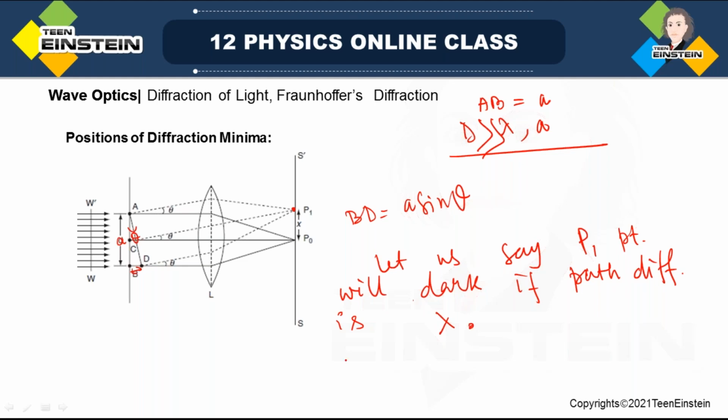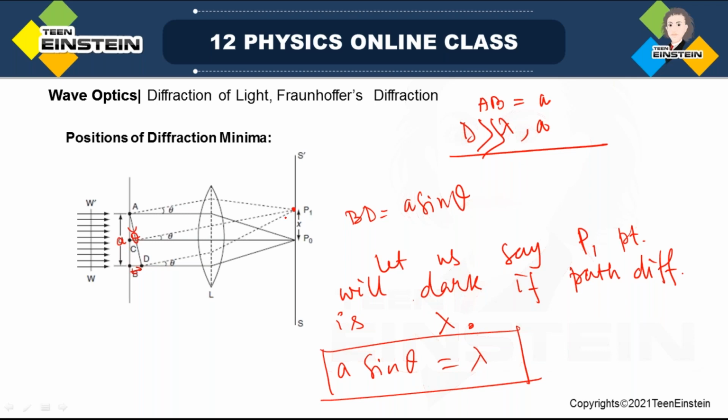That means A sine theta is equal to lambda. This is the condition we have got. But how to justify that? At this condition here, it will be destructive interference.